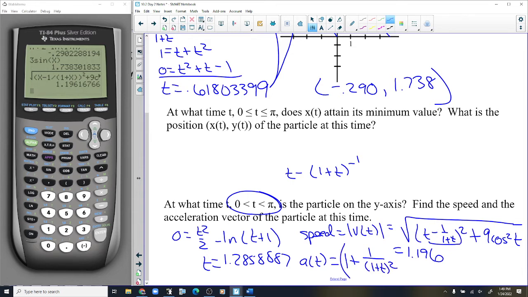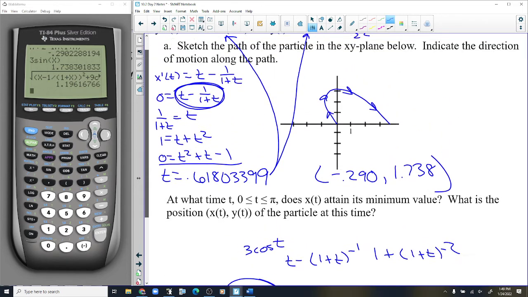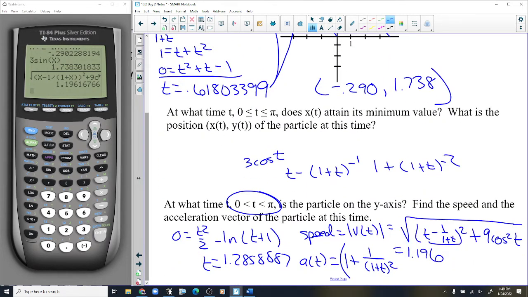Because isn't that 1 plus t to the negative 2? Now, the derivative was 3 cosine of t of y, right? That's up there, 3 cosine of t. So negative 3 sine of t.